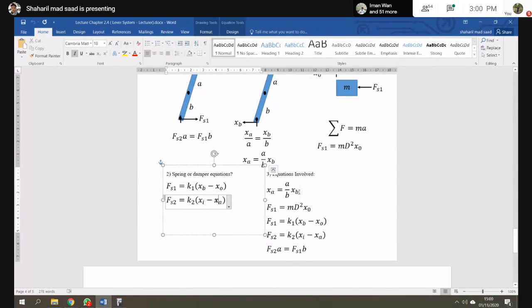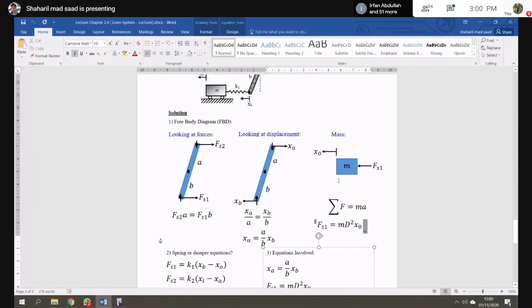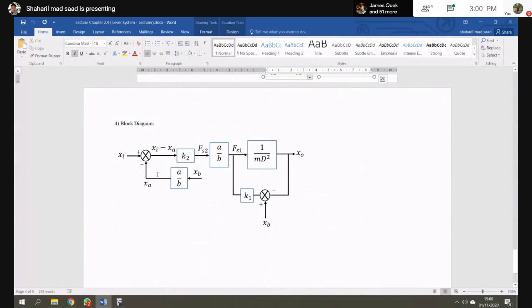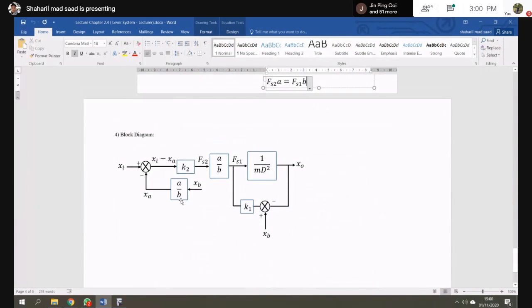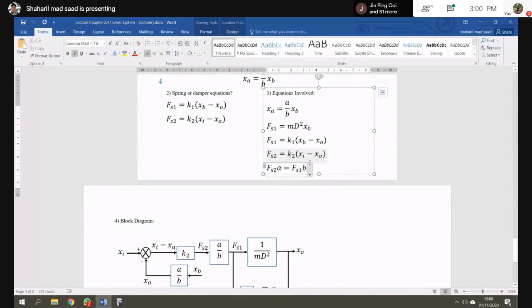Alright, so there are 5 equations that you can get from the system, and then you can draw the block diagram here, XI the input, and then the output X naught. So you can start from XI minus XA, equation number 4. You times with K2, you can get FS2.